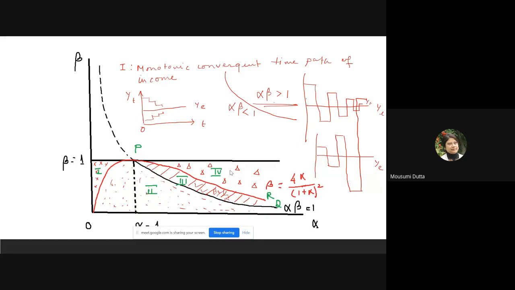Thus, here we will get a monotonic time path of yt.